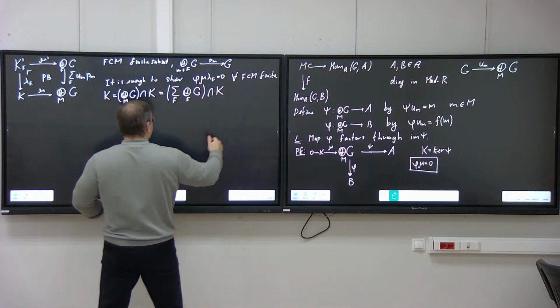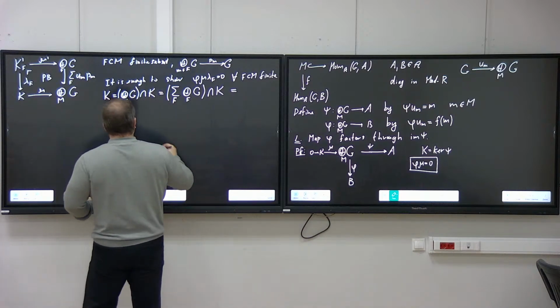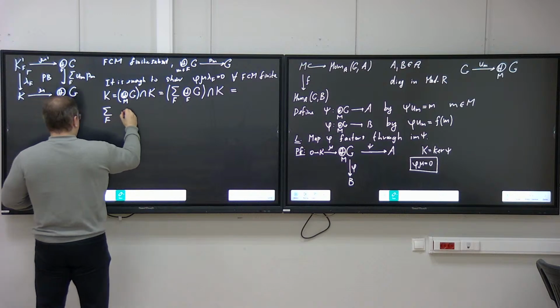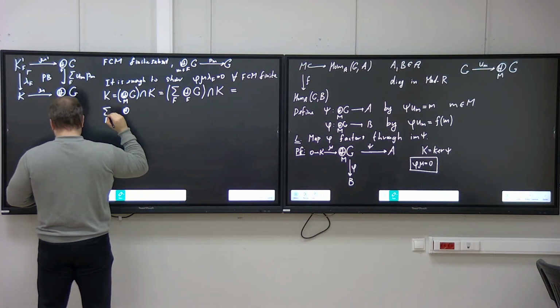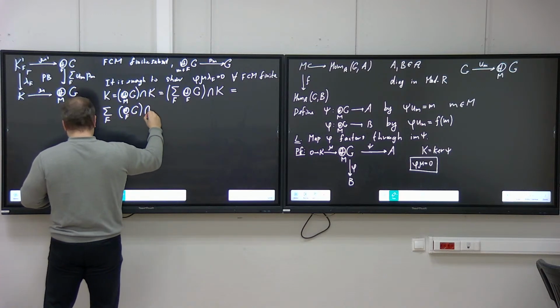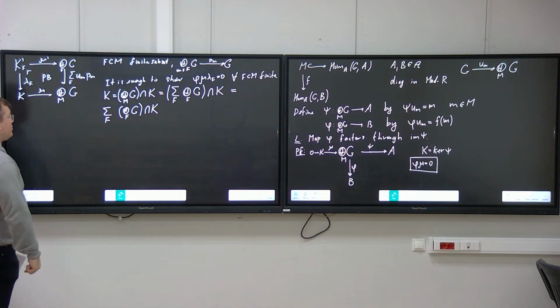Now, since I'm in the Grothendieck category, I can rewrite this as the sum over all finite subsets. Now I take the intersection of this. That's one of the properties of the Grothendieck category that can be used as a definition.